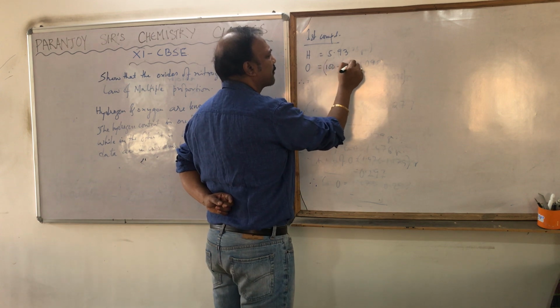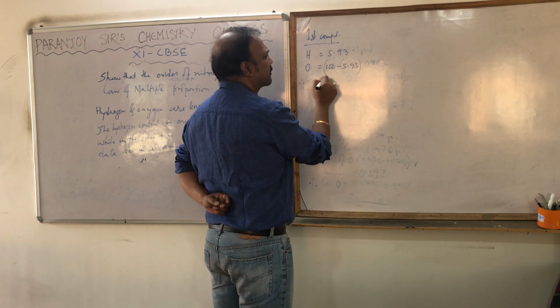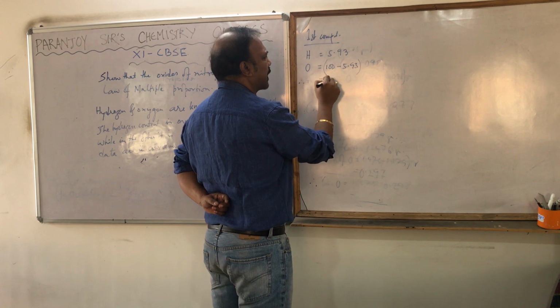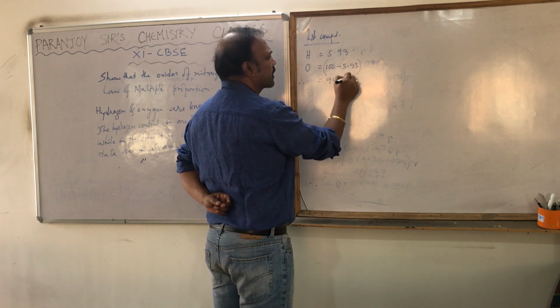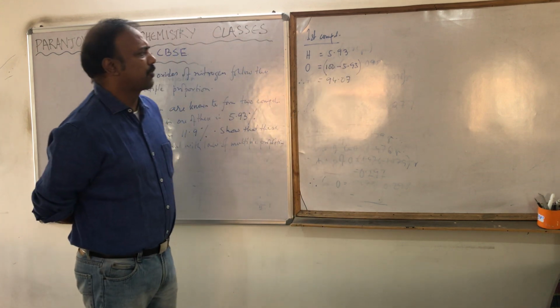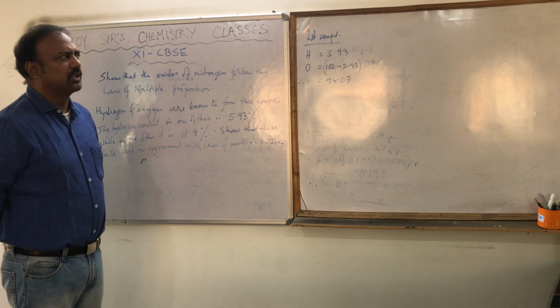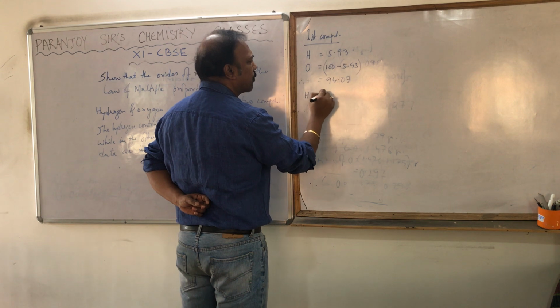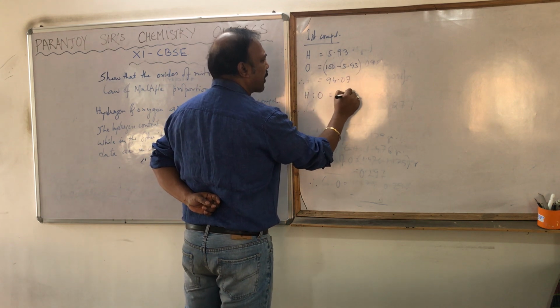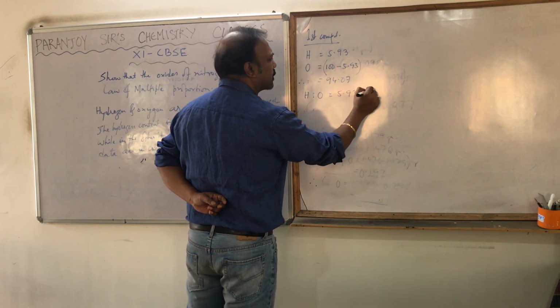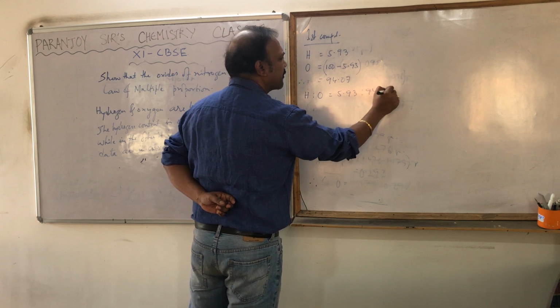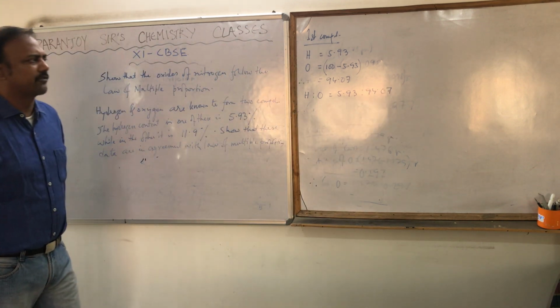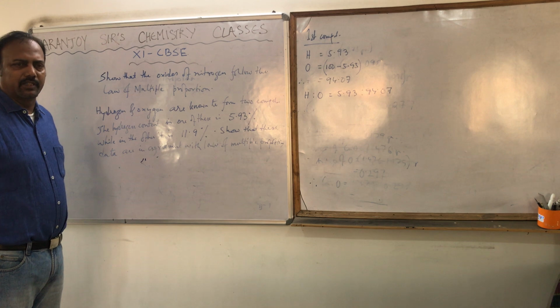That is equal to 94.07. So that is oxygen. So what is the ratio of H is to O? H is to O equal to 5.93 is to 94.07. That's in the first case.